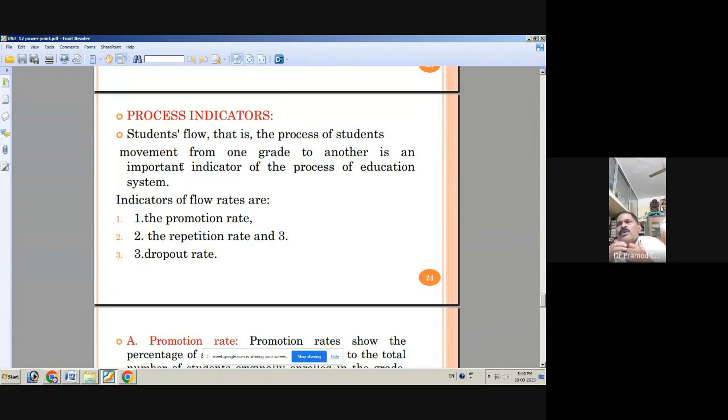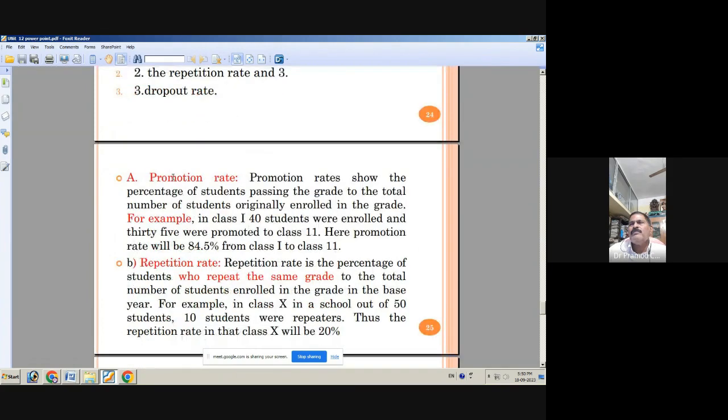Student flow will be there if the promotion rate is high and the repetition rate is low, because if a student remains in a particular class more than 1 year or 2 years, there is wastage. And sometimes dropouts, we can say, leave the school forever. If such things happen, then definitely there is no question of improvement of the school.